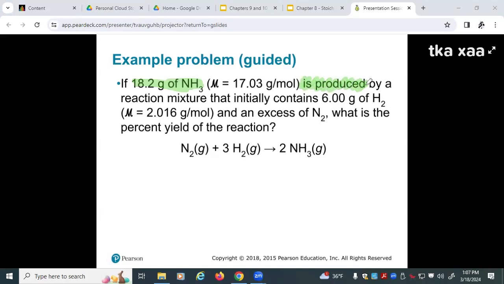So that 18.2 grams of ammonia, that's not my theoretical yield. I didn't have to do any calculations to get it. That 18.2 grams, this is my actual yield. So somewhere along the line, somebody did this experiment and they got 18.2 grams of ammonia when they did it.